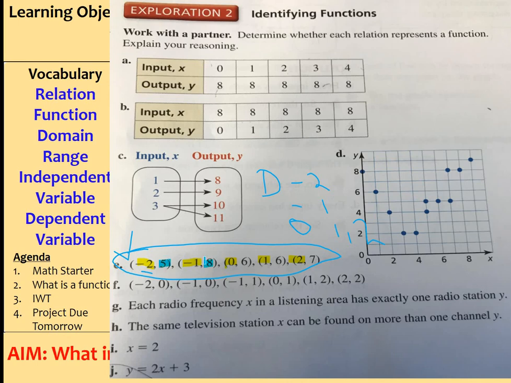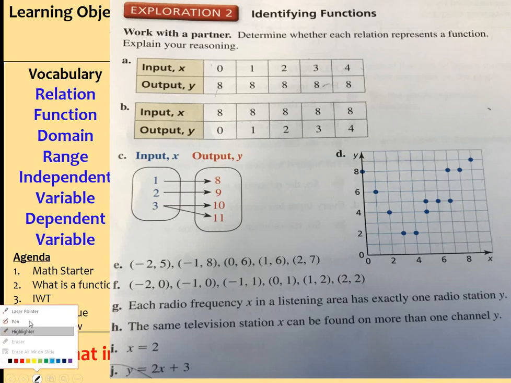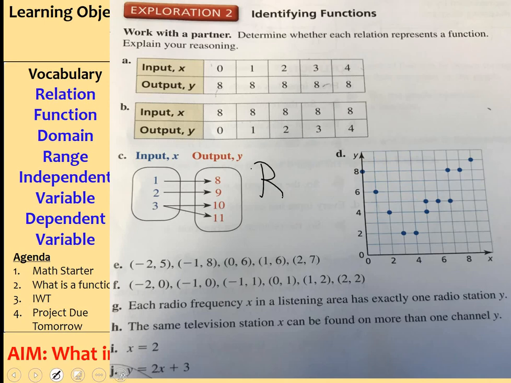So the blue highlighter, these are my ranges. And we don't care if the ranges repeat for it to be a function. We just care that the domains don't repeat. So now let's change back to pen. Let's make it black. So my ranges are 5, 8, 6, and 7.